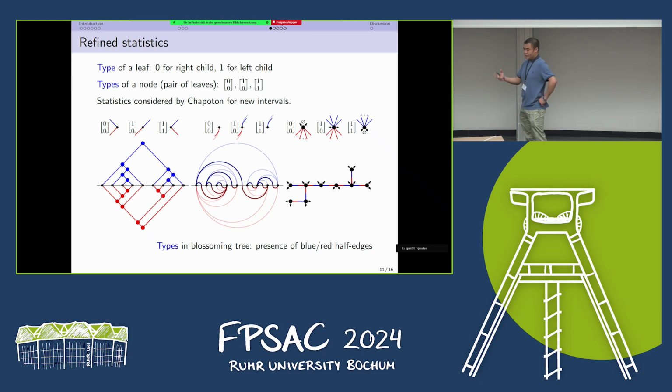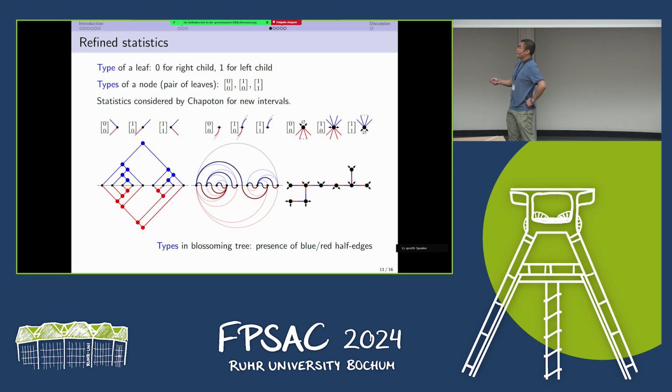But these statistics translate very nicely on blossoming trees, because we have already talked about that. The fact that a node receives an arc from the left-hand side or the right-hand side depends only on its type. And in the construction of blossoming trees, we see that only the left-hand side of blue arcs will receive blue half edges, and only the right-hand side of red arcs receive red half edges.